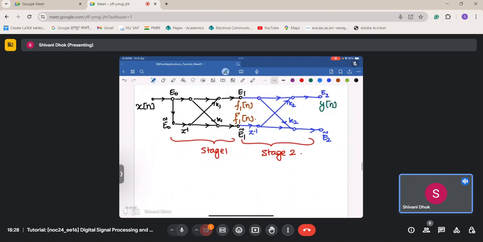Now we need to figure out what y of n is. y of n is equal to f1 of n plus f1 tilde of n minus 1 into k2.